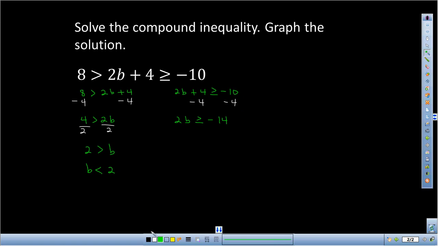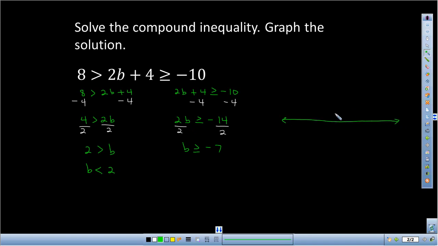So now to isolate b, we divide both sides by 2. 2 divided by 2 is 1, and so that leaves us with 1b, which is greater than or equal to negative 7. Okay. All right.